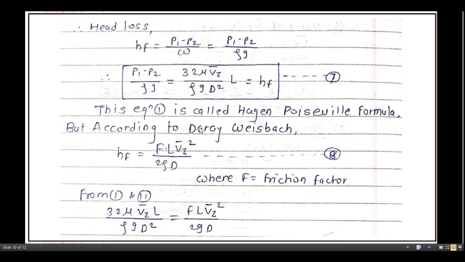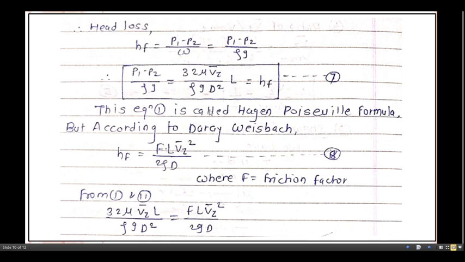According to the Darcy-Weisbach relation, we know HF equals FL Vz square divided by 2 rho D, where F indicates the friction factor.